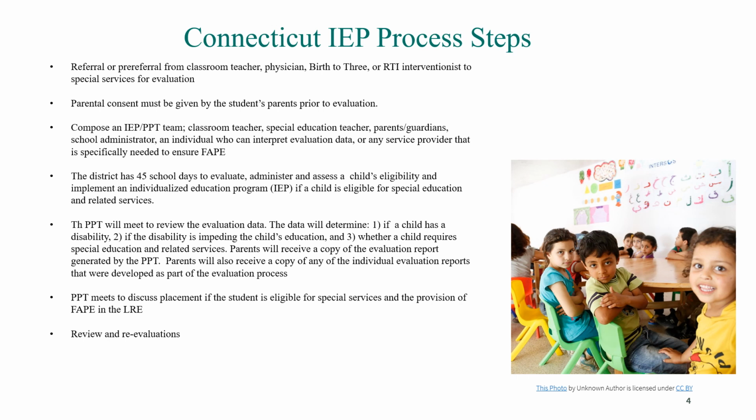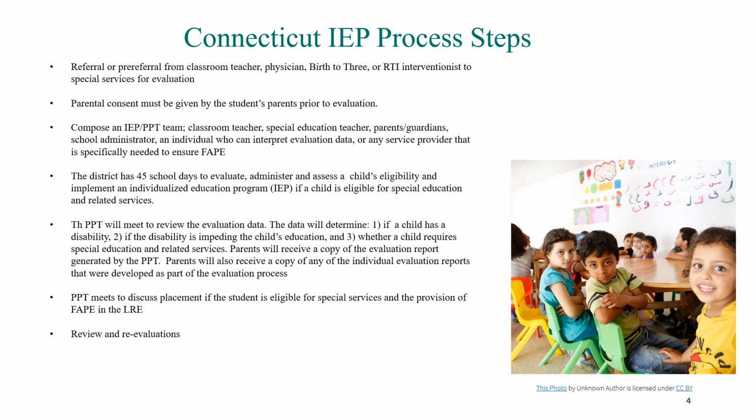There may be a pause, 10 days here or there, given communication lapses, or I believe it's 10 days, waiting for a parent to send back a consent form, or waiting for the district to send the parent a copy of the IEP. So that can go to about 60 days, given those time lapses, but generally it's 45. The PPT will meet to review the evaluation data, and that includes the parents.